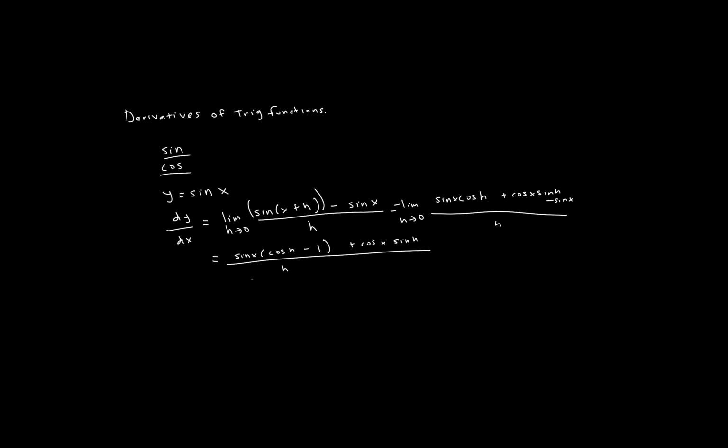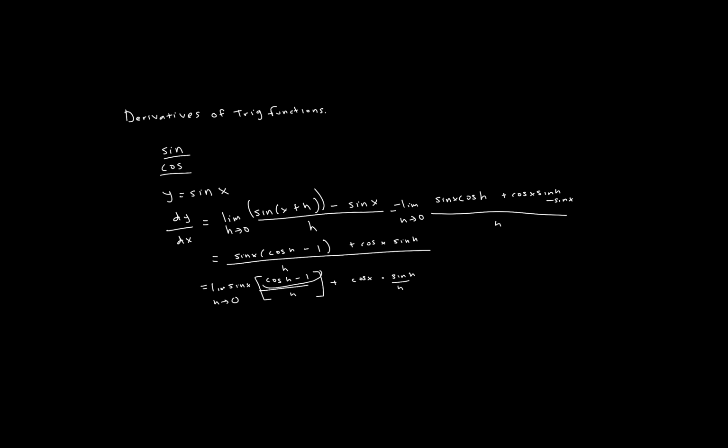Then I can split this fraction up into sine x times (cosine h minus 1) divided by h, plus cosine x times sine h over h, all under the limit as h tends to 0.